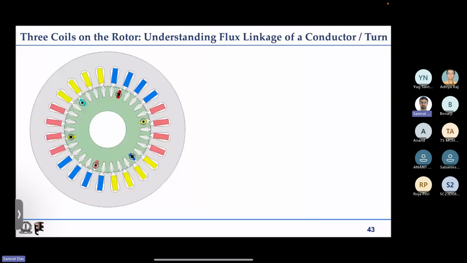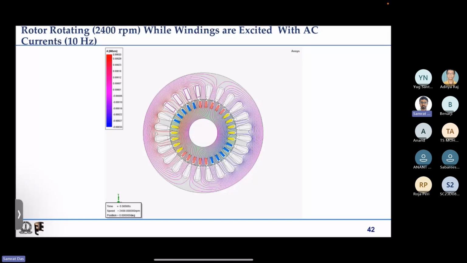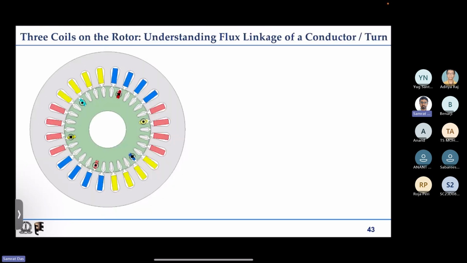If we choose rotor speed and current appropriately, then we could match the rotor magnetic field speed and stator magnetic field speed, which meant that we could have continuous torque production.